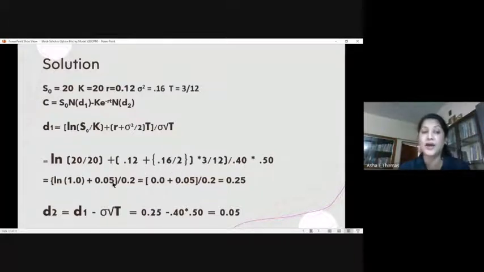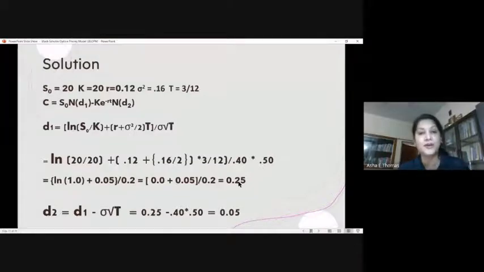I solved this equation where I get the value as 0.05, and then I also computed this other part, which I get as 0.2, and once I solve this equation, I'm going to get the answer as 0.25.